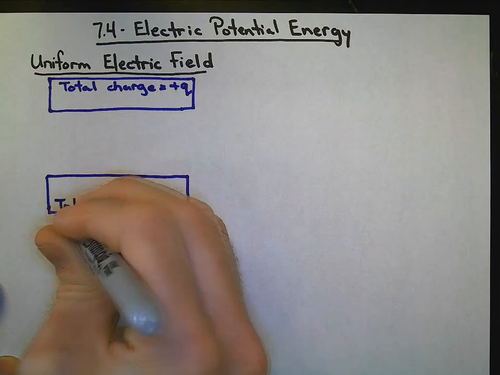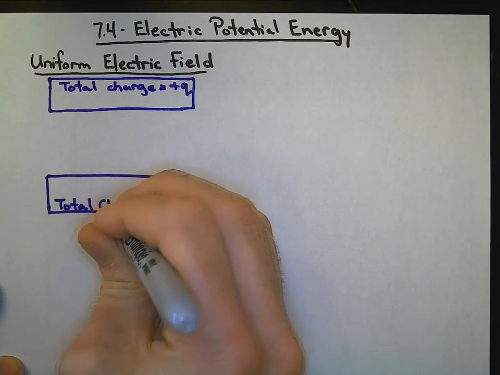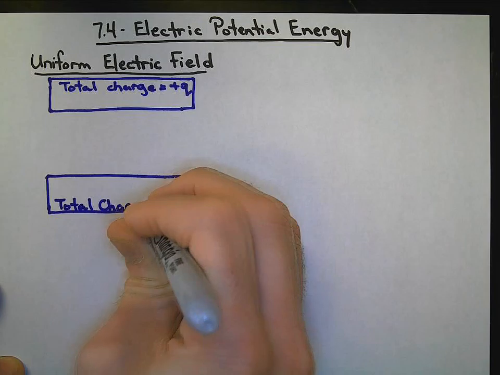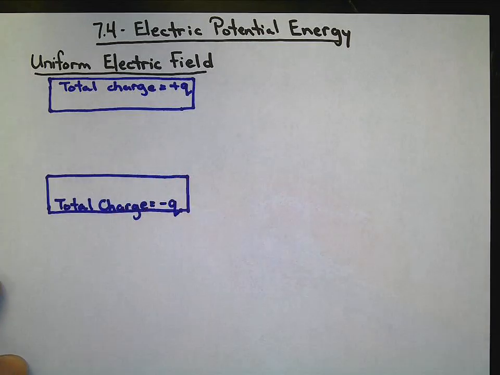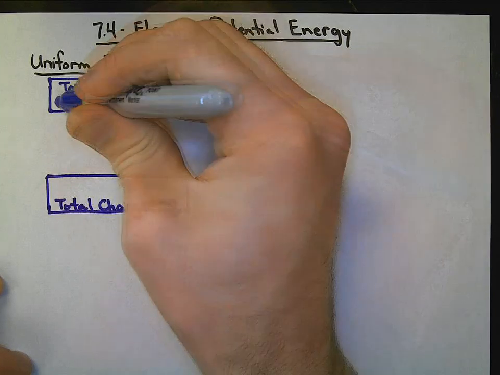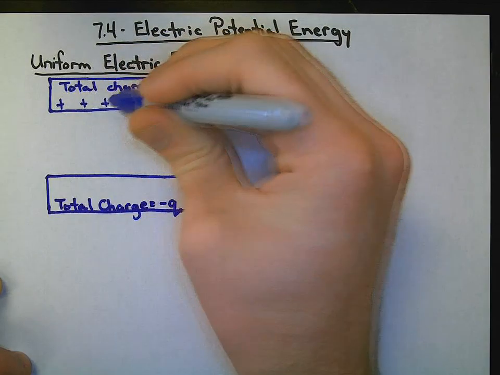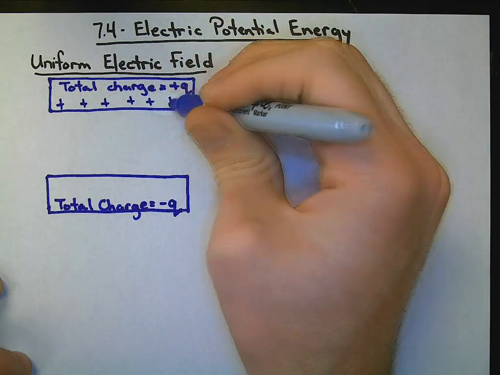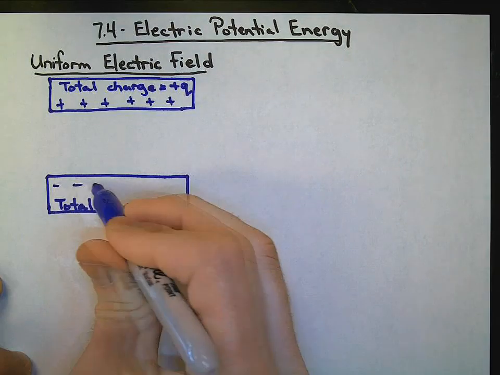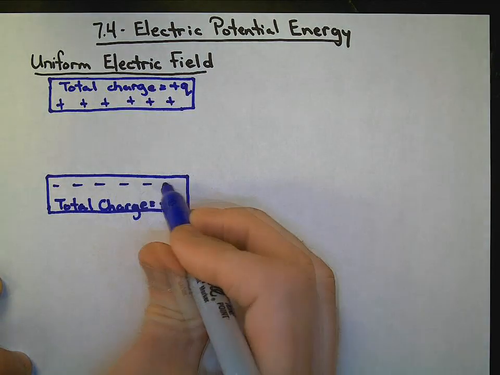And opposite charge, so the total charge on this plate is going to be negative Q. So we know along this plate at different points we will have positive charges and negative charges on the other plate as well.